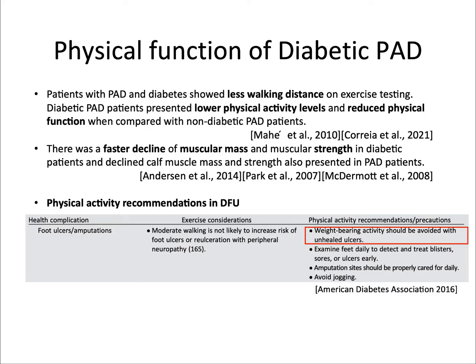And the diabetic PAD patients have less walking distance, lower physical activity level, and reduced physical function. No matter whether patients have diabetes or peripheral artery disease, there is a faster decline of muscle mass and muscular strength, but also, according to the American Diabetes Association, weight-bearing activity should be avoided with an unhealed ulcer.